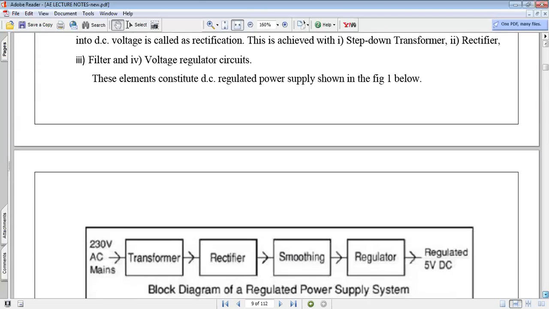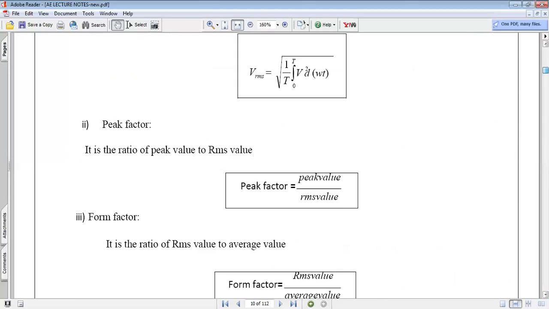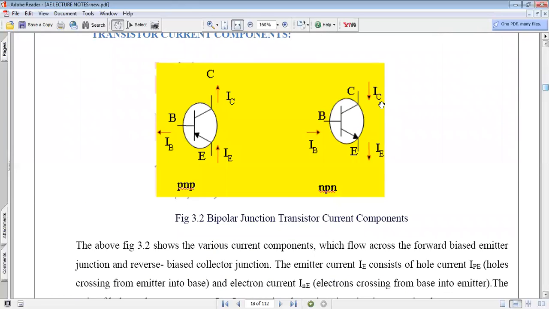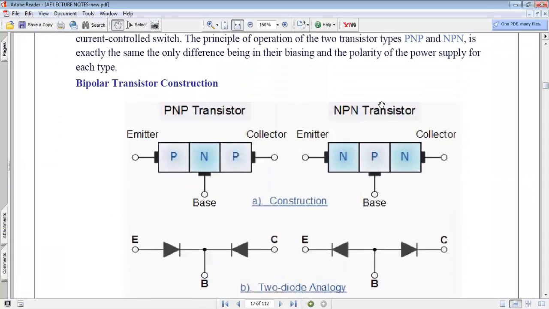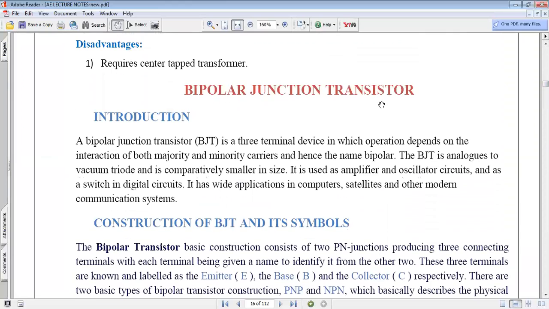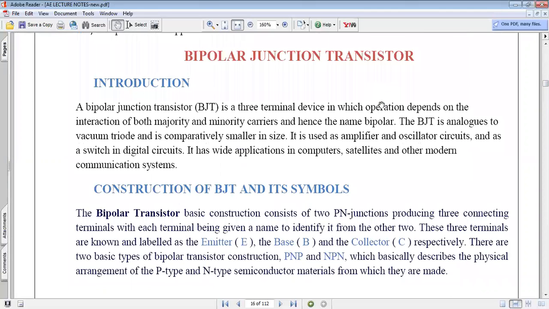So after this review of diode, we come next to the review of BJT, which is in our syllabus. BJT stands for bipolar junction transistor, and we normally call it transistor. So bipolar junction transistor, why is it called bipolar?